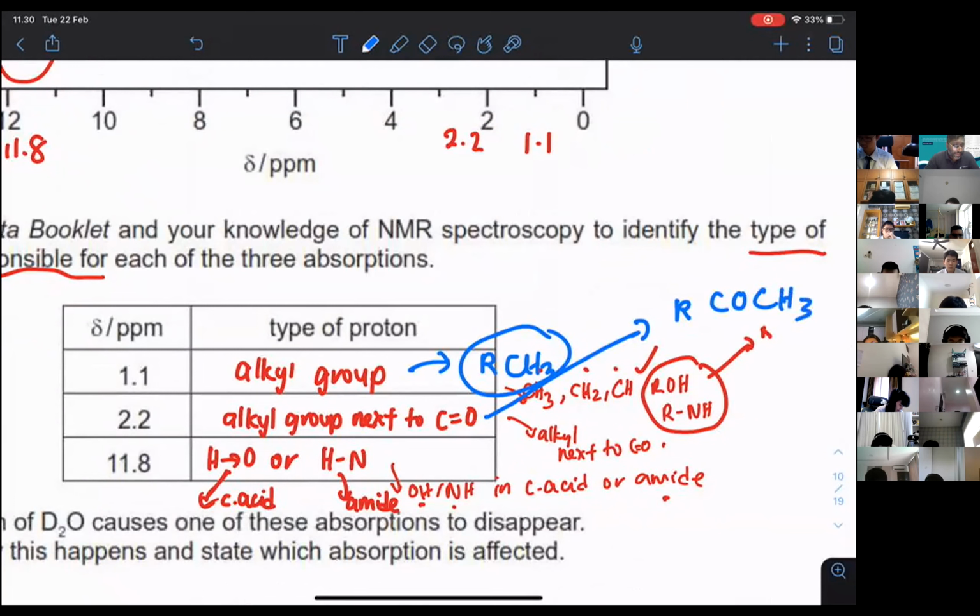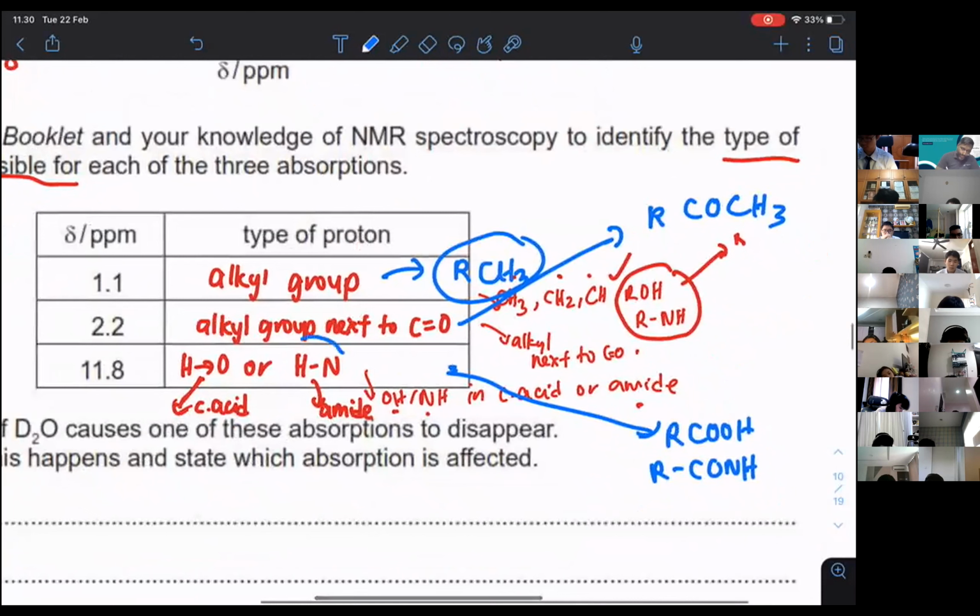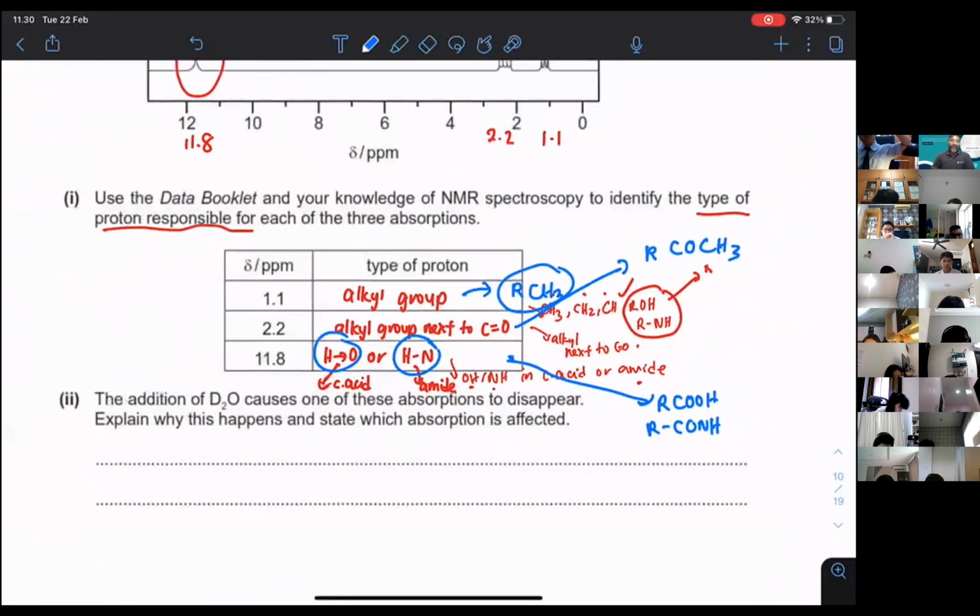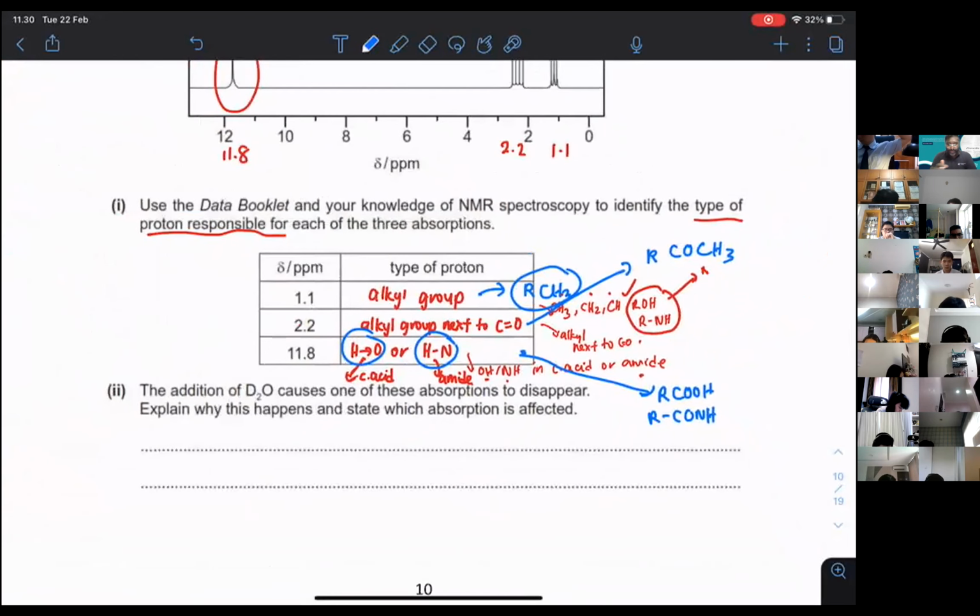And then this one, I think they just put RCOOH and RCONH, which is correct. We already identified. So if you give your answer like this, it's going to be correct. But just the way that we write our answer, we just need to work on that. So all these are correct.